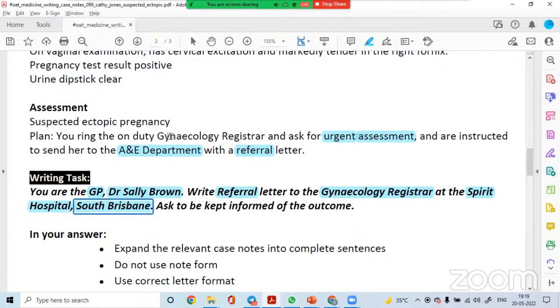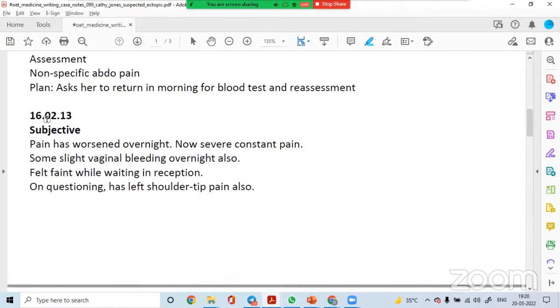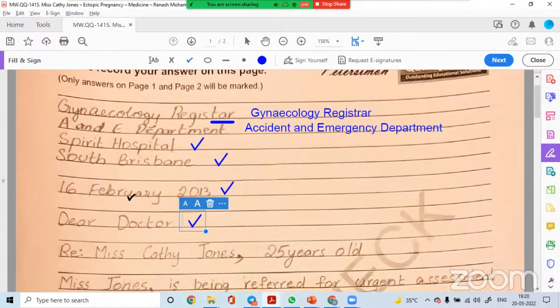So it is registrar on duty, gynecology department, A&E department. South Brisbane, that is fine. Next one, the date, 16 February 2013. That's right.